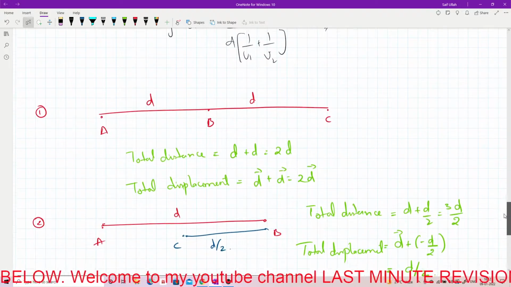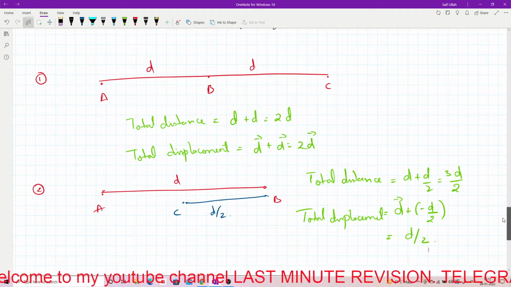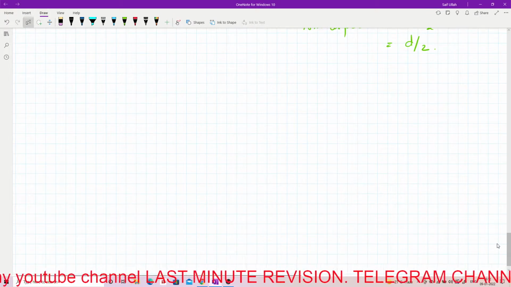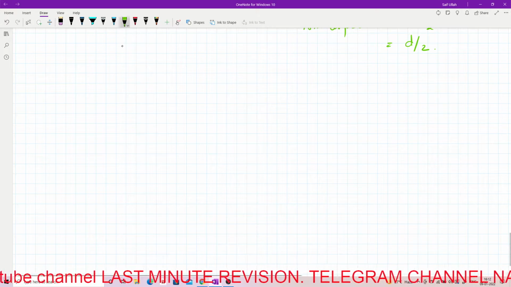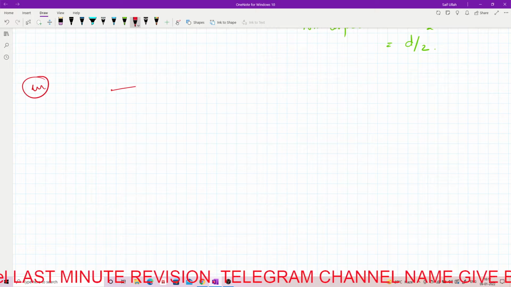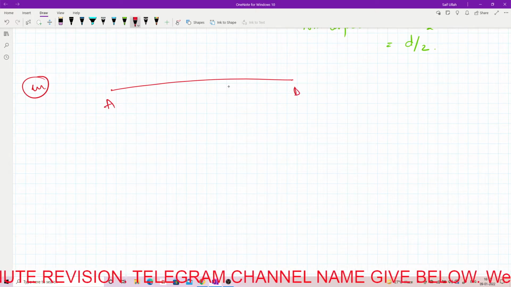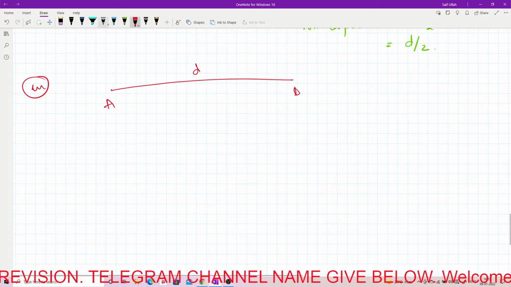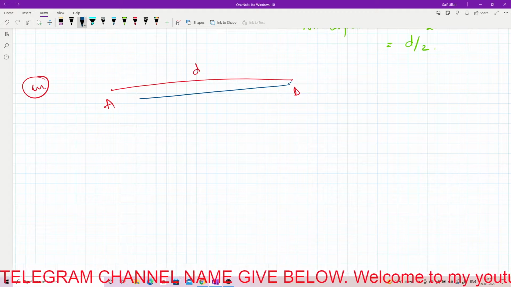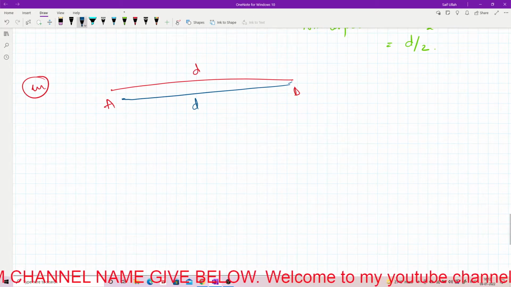Till now you have seen displacement where it is positive. Now we will see a case where the distance will be different and the displacement will be 0. Okay, in this case it has traveled from A to B and the distance is d, and again it is traveling back, same distance d.